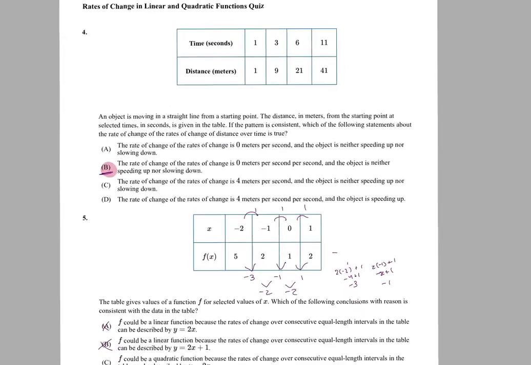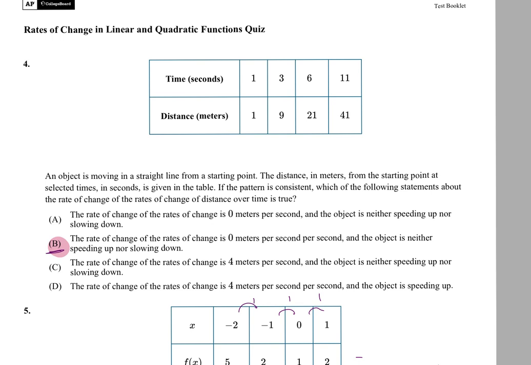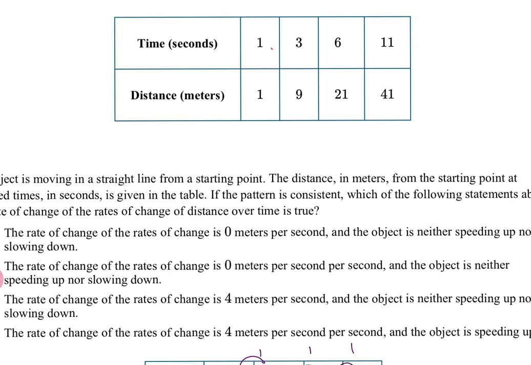Okay, and then I remember this question. An object is moving in a straight line from a starting point. The distance in meters from the starting point at selected times is given in the table above. The pattern is consistent. Which of the following statements about the rate of change of the distance is true? First of all, this was not an over 1 scenario because these were different, right? So we had to find the rate of change. 9 minus 1 over 3 minus 2, or 8 over 2, which was 4.